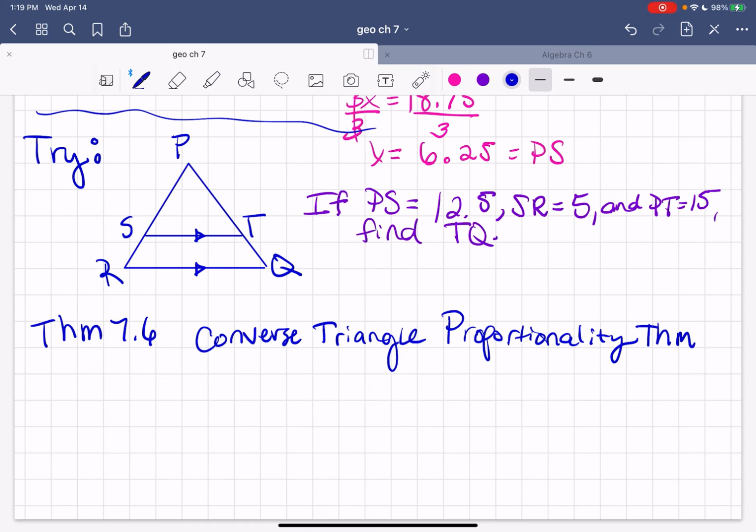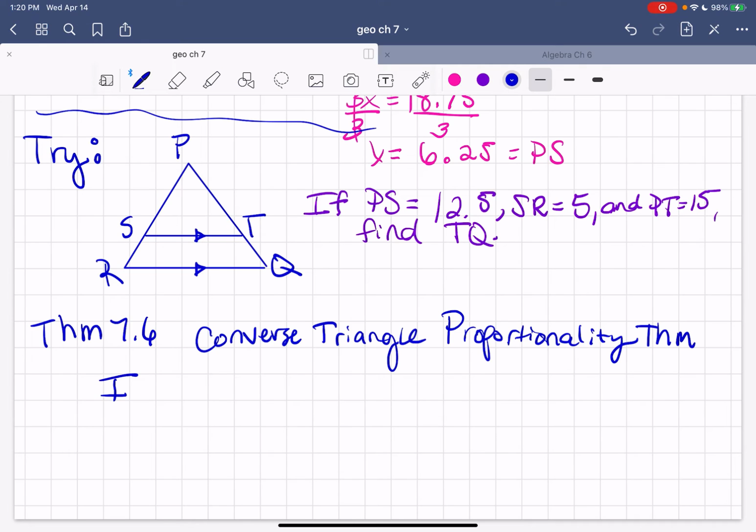So instead of saying, okay, if two lines are parallel, then we have these proportional segments, we're going to be saying if we have these proportional segments, then the lines are parallel.